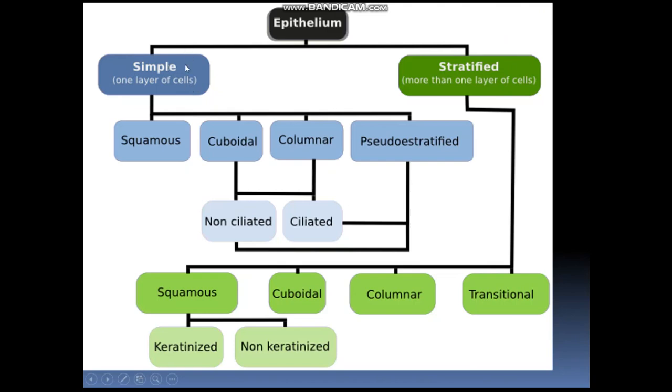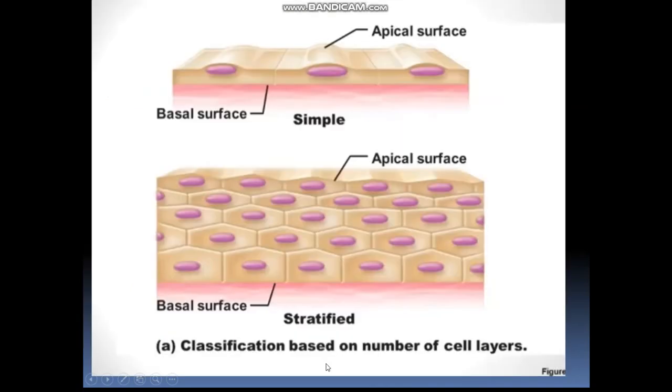The simple epithelia are also subdivided into squamous, cuboidal, columnar, pseudostratified. It depends on the shape of cells. Then we will have ciliated and non-ciliated, and stratified epithelia also of different types. Each of them we will discuss today.